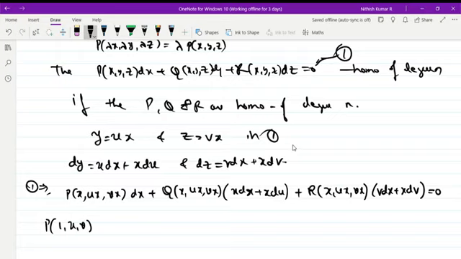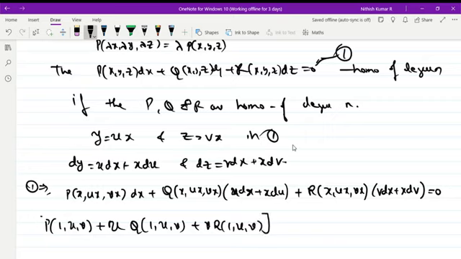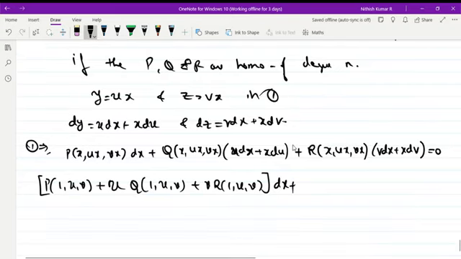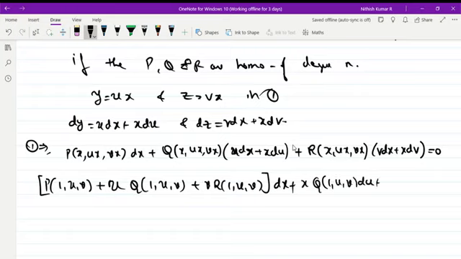With respect to dx, it is p of 1 comma u comma v plus u into q of 1 comma u comma v plus v into r of 1 comma u comma v, whole into dx, plus the term with du, which is x into q of 1 comma u comma v into du, and with respect to dv it is x into r of 1 comma u comma v dv, equal to 0.